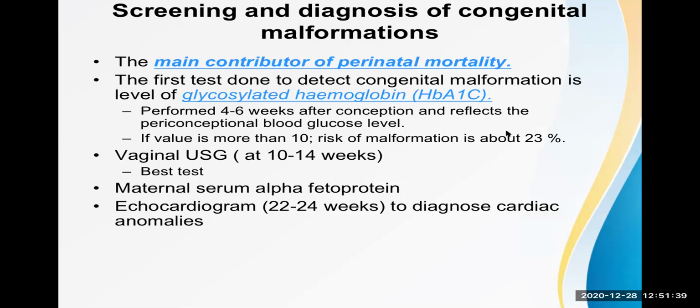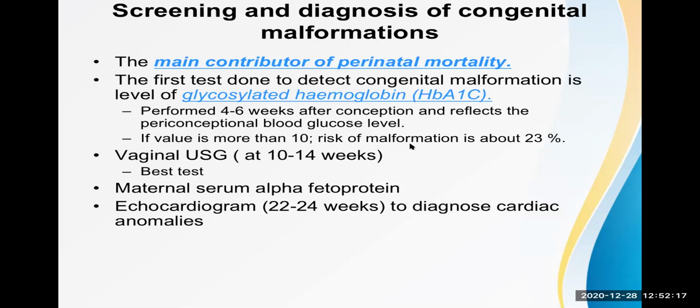So if the level of HbA1c is higher than the desirable level, that means the blood sugar level was not well controlled, and that type of pregnant lady has a higher chance of congenital malformation in the developing fetus. So see this, it is performed 4 to 6 weeks after conception and reflects the periconceptional blood glucose level. That's what I told just now. The HbA1c level will tell us the control of blood sugar level around 3 to 6 months prior to the test.